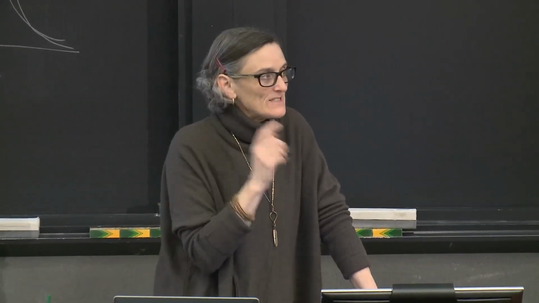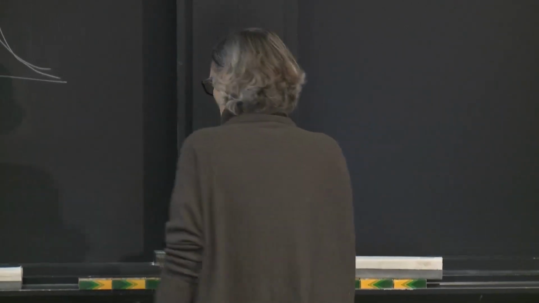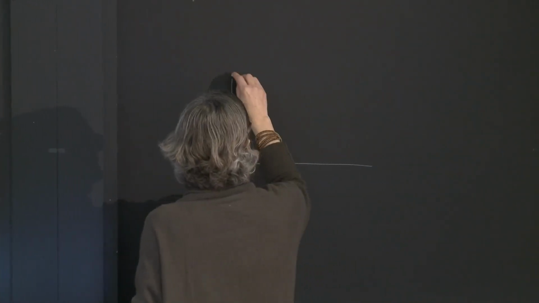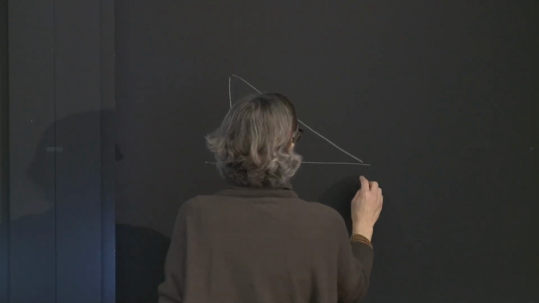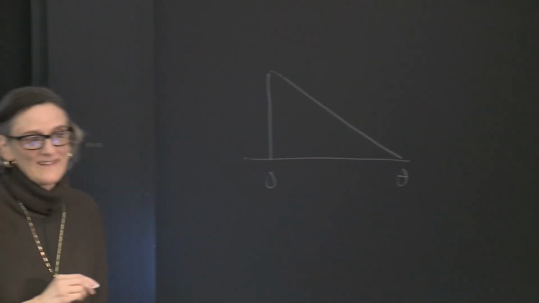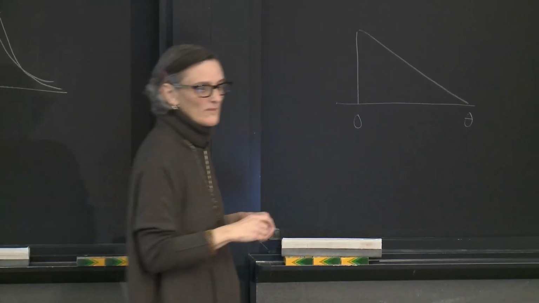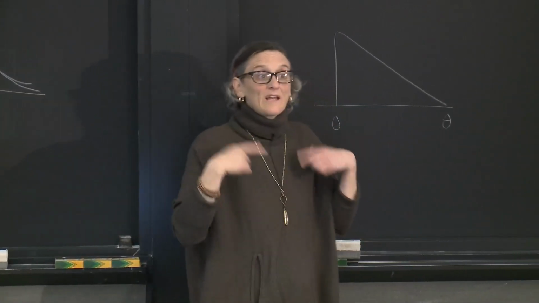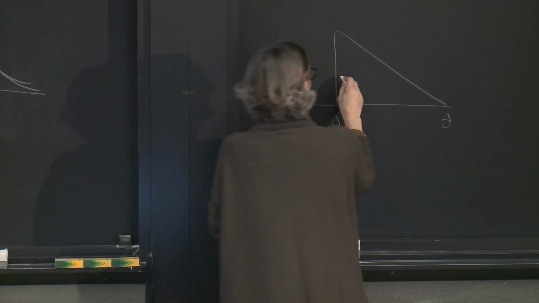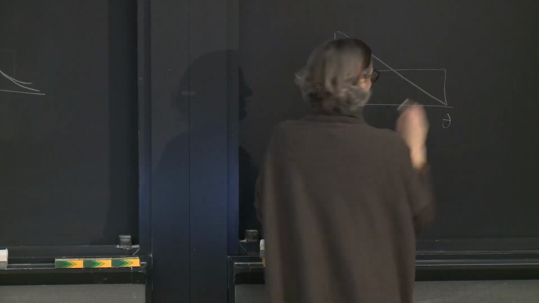So let's suppose instead of uniform 0 to theta, the distribution looked like that instead, and we carried through all of the analysis of the estimator as if this were the distribution.